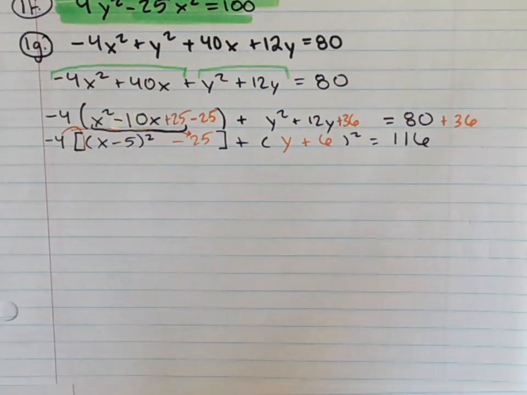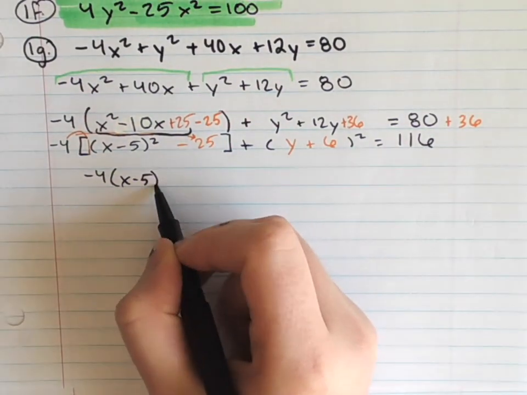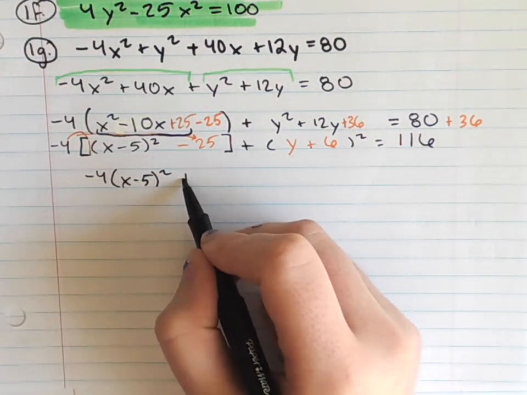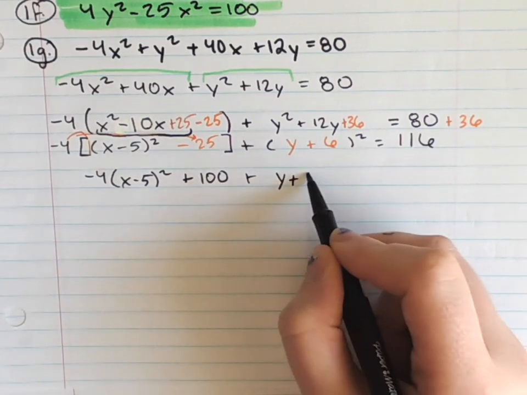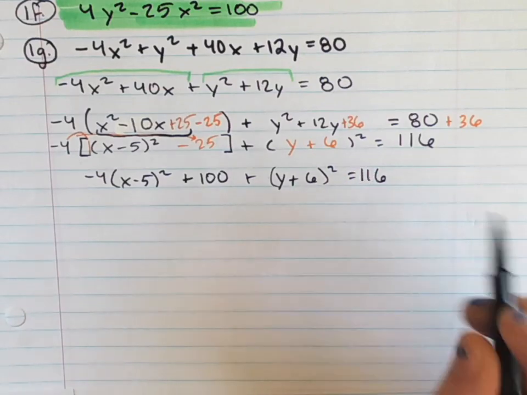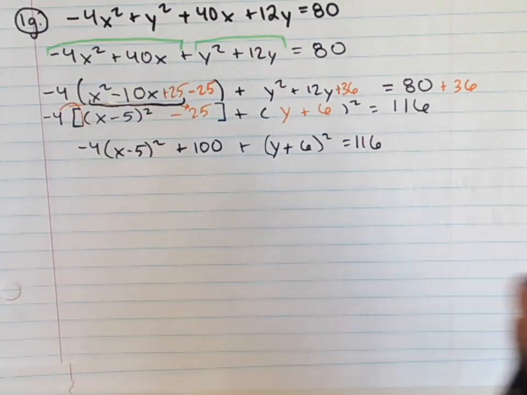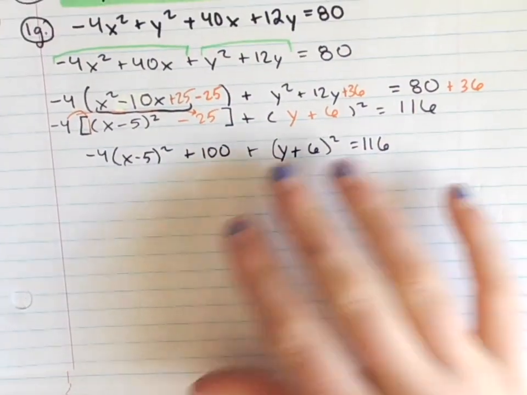So we would get -4 times x minus 5 squared. -4 times -25 is positive 100. Now I can move that 100 over. If I subtract 100 on both sides, 116 minus 100, I'm just going to get regular 16.